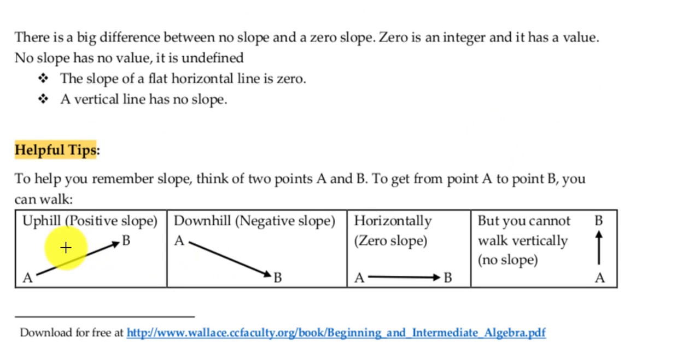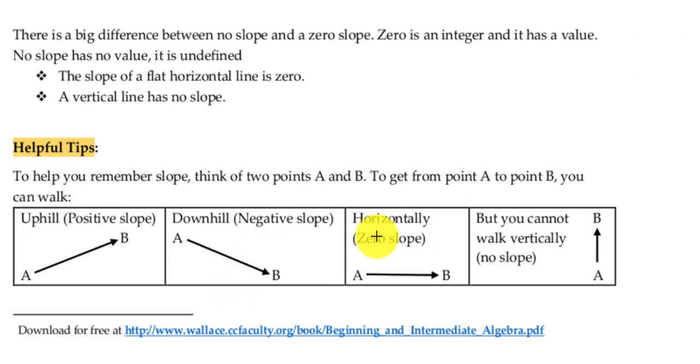Toward the bottom of this page, you'll see uphill has a positive slope, downhill has a negative slope, horizontal we have a 0 slope, and if the line is vertical, it's no slope. So if I had a treadmill that looked like this, we'd say there's no slope. I can't walk up a wall, I can't walk vertically. So again, positive slope, negative slope, 0 slope, no slope.